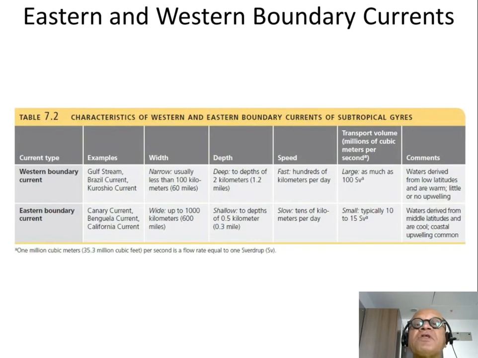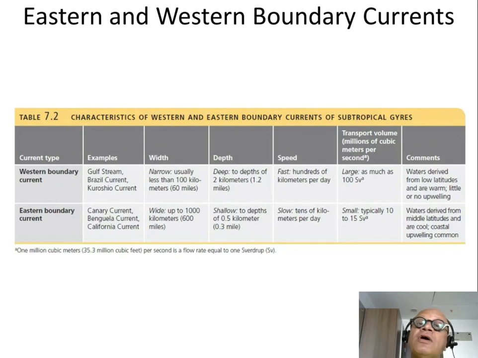And he discovered many things in oceanography, including some biological things. So this volume of 1 million cubic meters per second, or 35.3 million cubic feet per second of transport, is called 1 Sverdrup. How do you know how much that is?